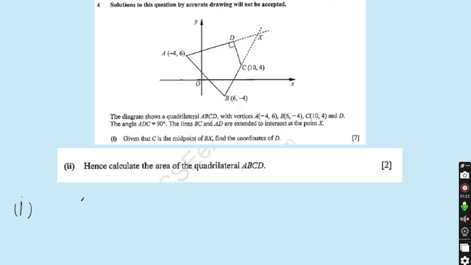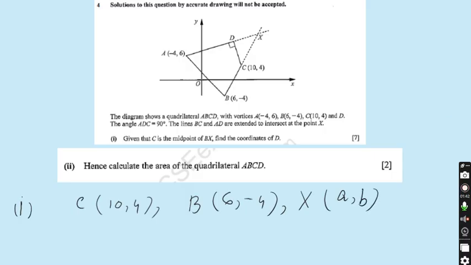The coordinates of C are given as (0, 4), the coordinates of B are given as (6, -4), and the coordinates of X we can let be (a, b).